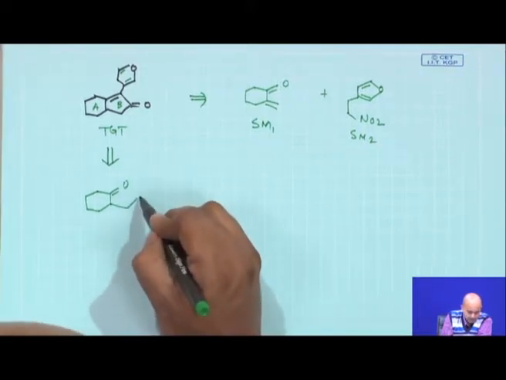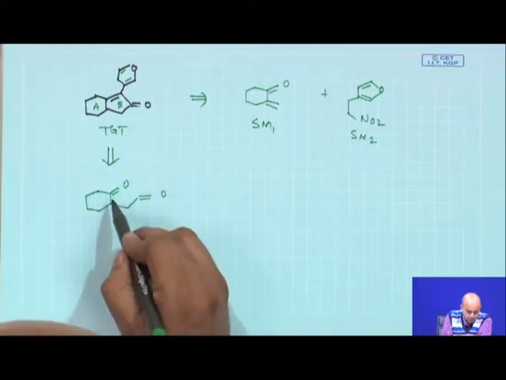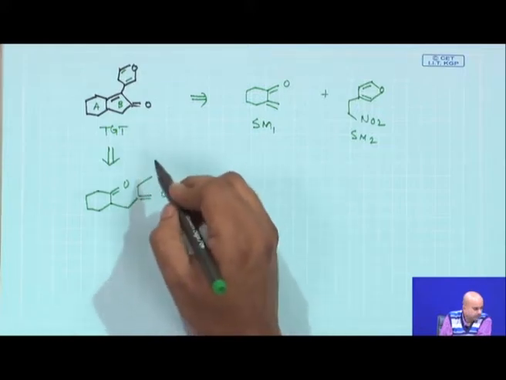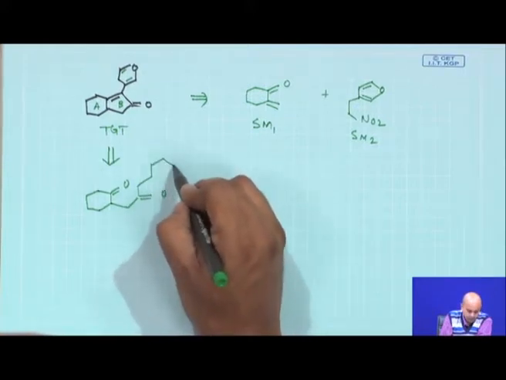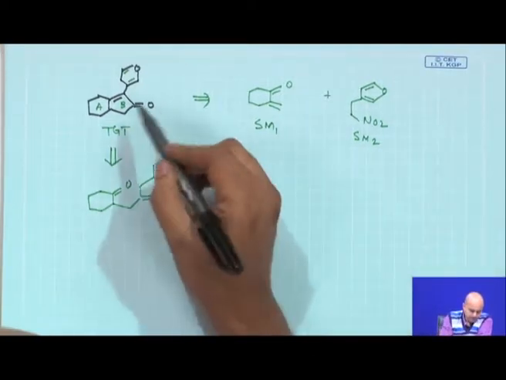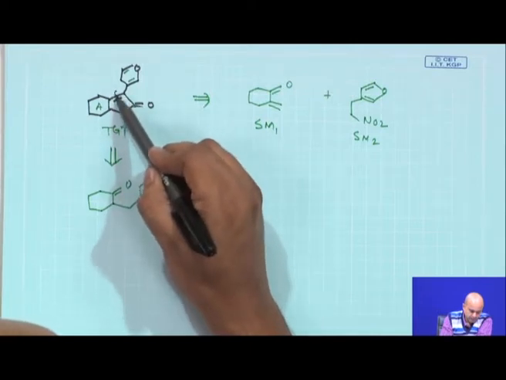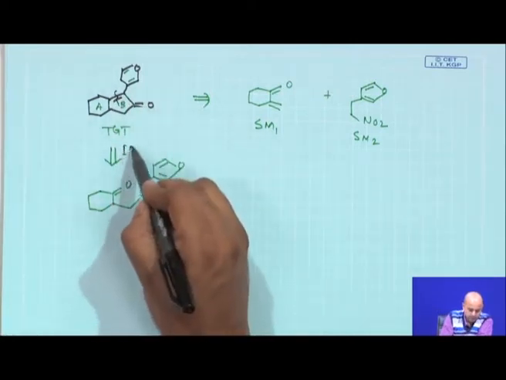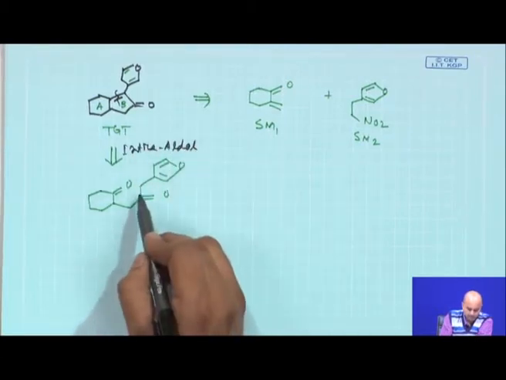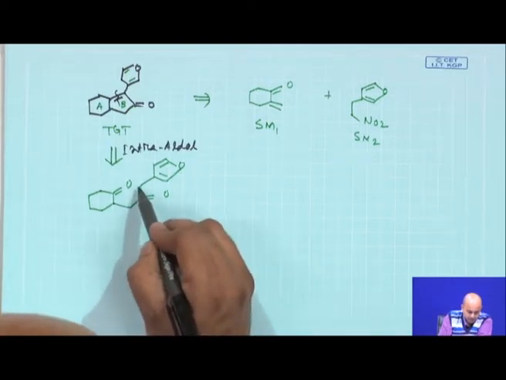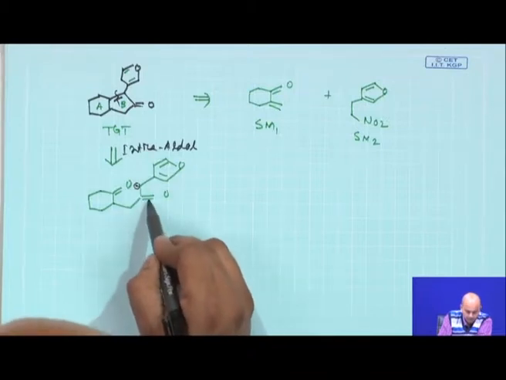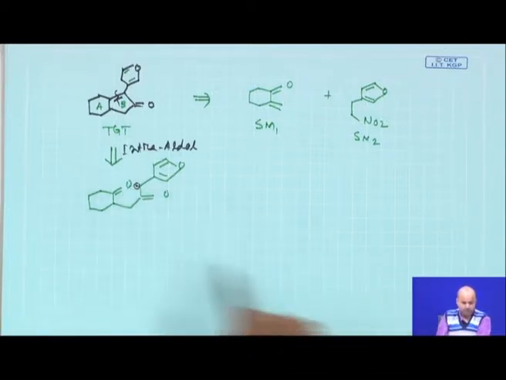The disconnection should now give you a 1,4 dicarbonyl species, where the remaining part of the molecule will be similar. So, we just disconnect it here, and this goes to an intra aldol. Now, this carbonyl adjacent to a furan system as well as adjacent to the alpha carbonyl can undergo this intramolecular aldol.